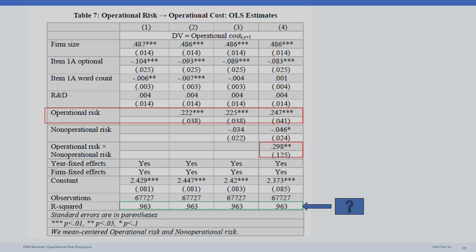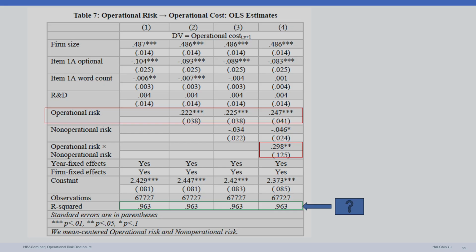High operational risk is always positively related to operational cost. The full model, model 4, controls for all fixed effects, interaction, error terms and so on. It concludes they are positively related to each other.